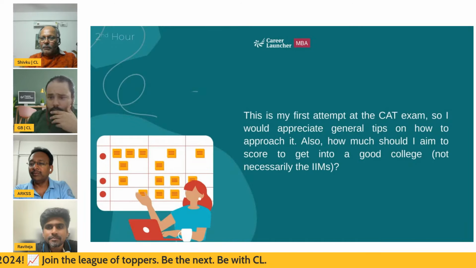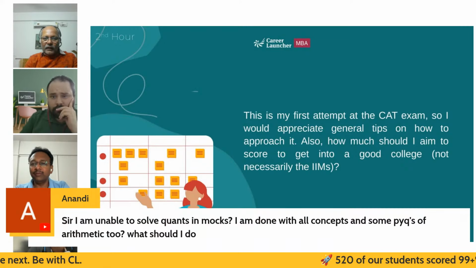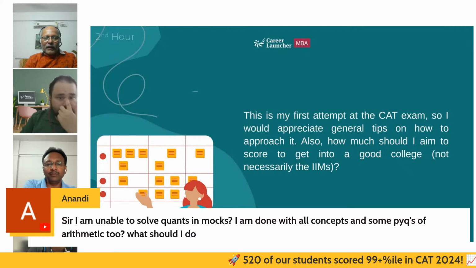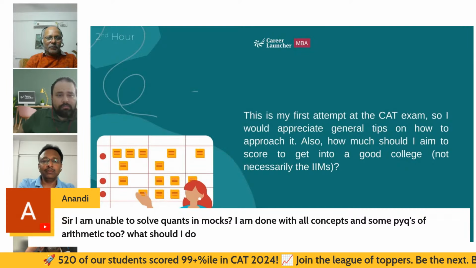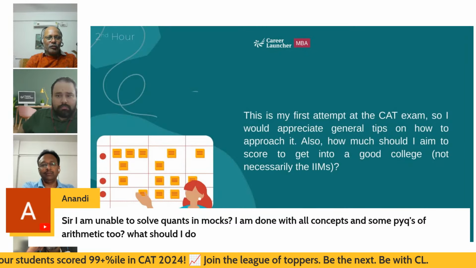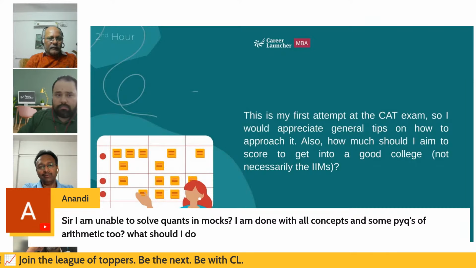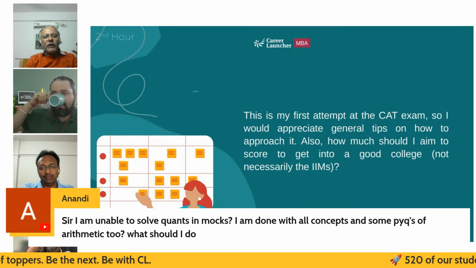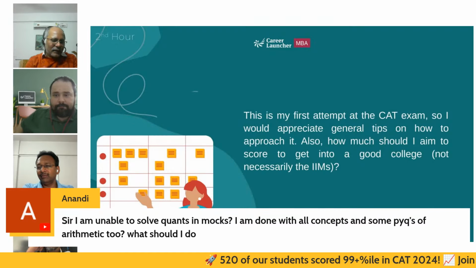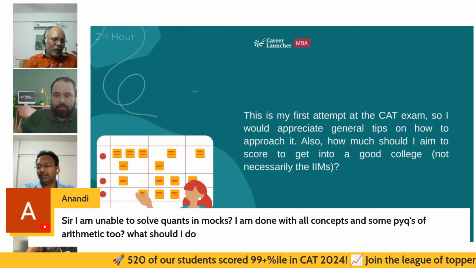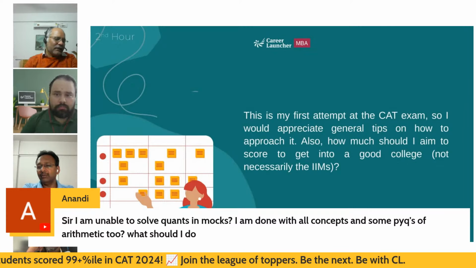Anandi says, I am unable to solve quants in mocks, but I am done with all concepts. Anandi, you're not done with the concepts. When you say you're done with the concepts, it means you can explain everything in the PYQs to anybody, right? तो मैं तो ये कहूँगा, not being able to solve questions in quant in mocks is probably some way of suggesting that you have not understood everything that is there in the PYQs.